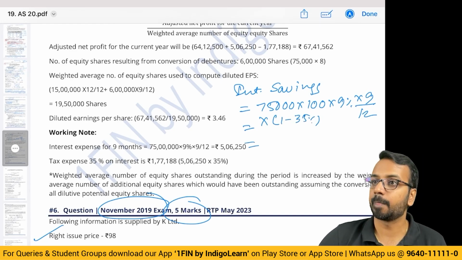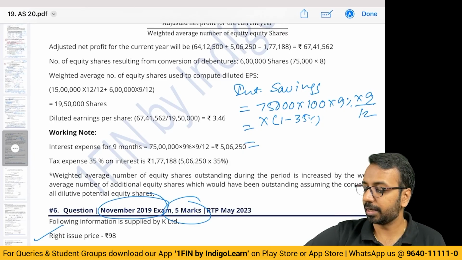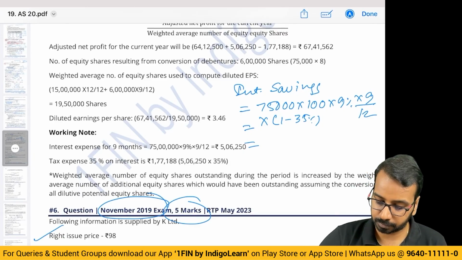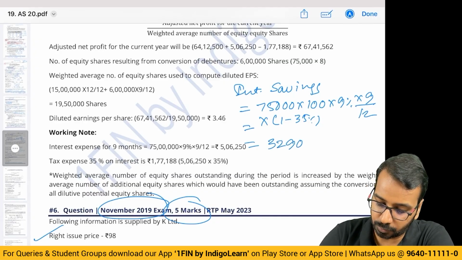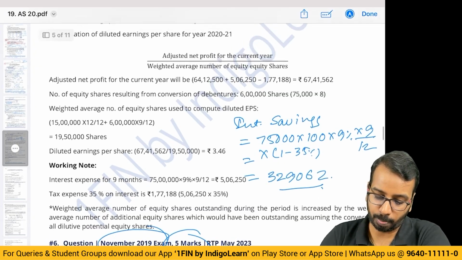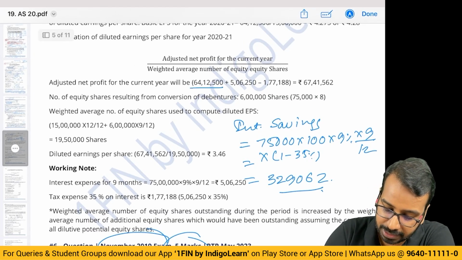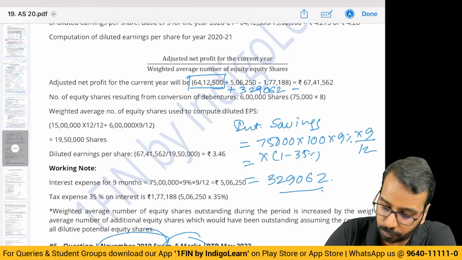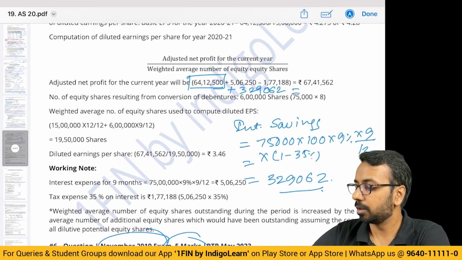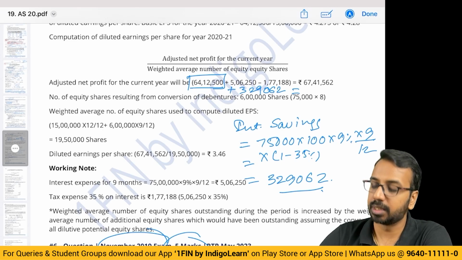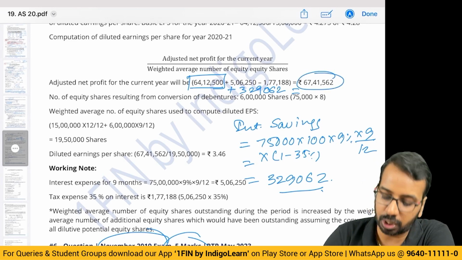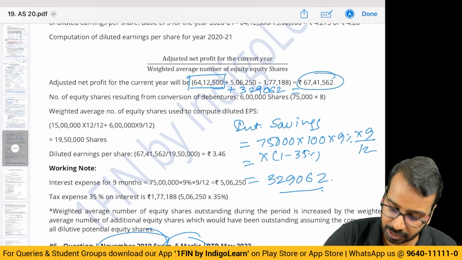So this will be into 9 divided by 12, 3,29,062. Okay, so adjusted profit will be 64,12,500 plus 3,29,062, which is 67,41,562. Right, this is the earnings.